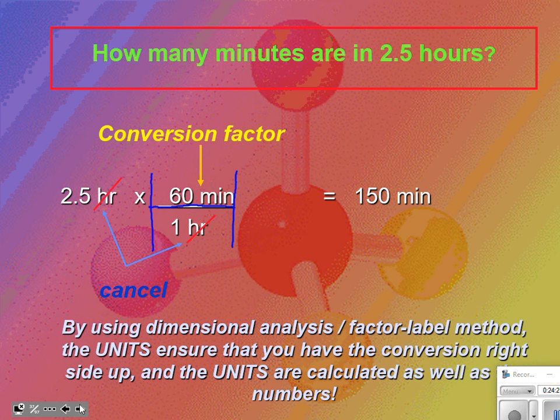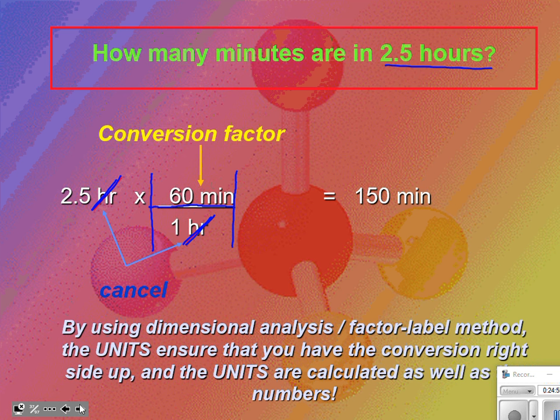What do I put in the denominator? Depends on what I want to cancel. In this case, I'm given 2.5 hours, and I'm trying to convert hours into minutes, so I want hours to cancel. So I put hours in the denominator, I put minutes in the numerator, and when I do my calculations, I take 2.5, I multiply it by 60, and then I divide it by 1.